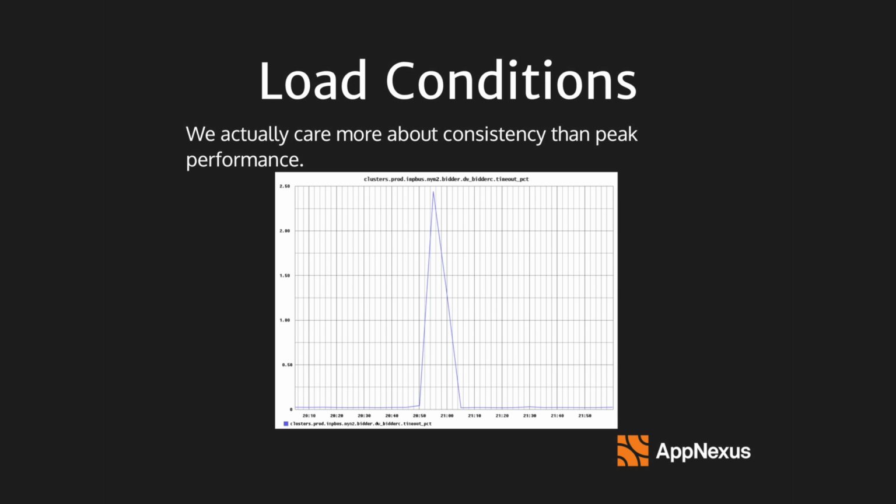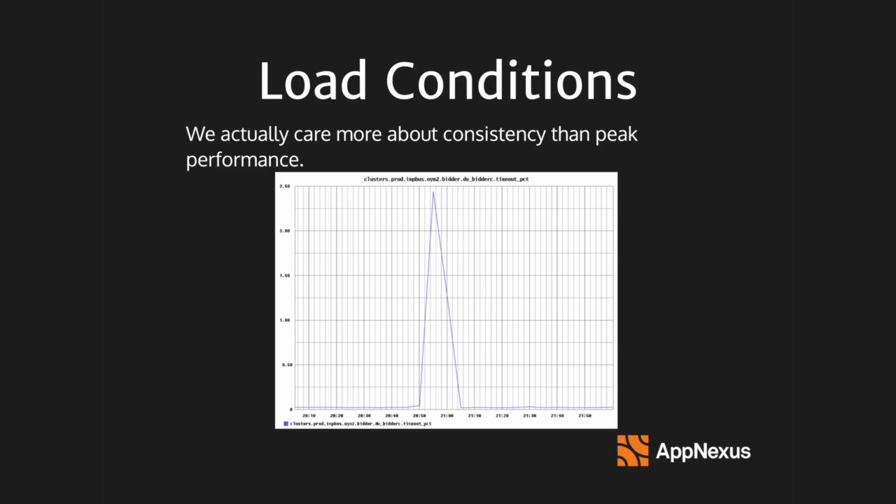And so here's a graph of bidder timeout percentage. It's normally like 0.01%, so very small. This is measuring the rate of timeouts between the imp bus and the bidder, for our bidder. This is something that's really hard, especially because targeting and valuation for the bidder is a computationally expensive operation.